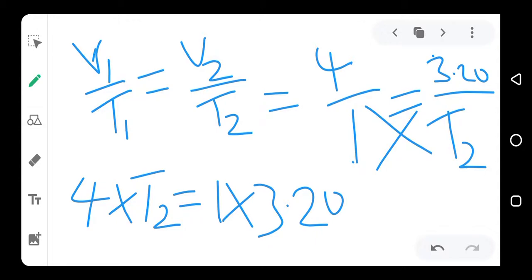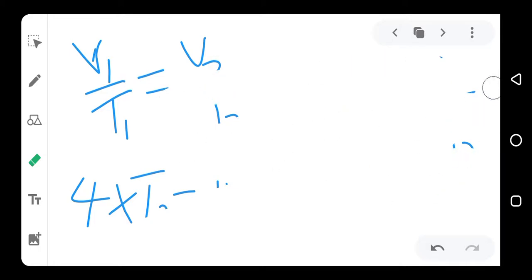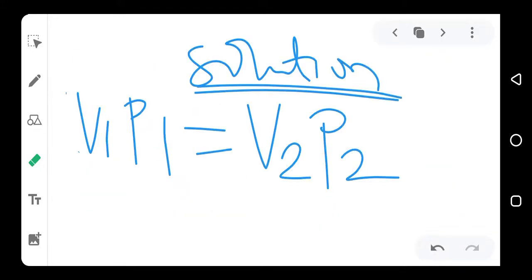We are solving with Boyle's law and not Charles' law. V1 P1 is equal to V2 P2.